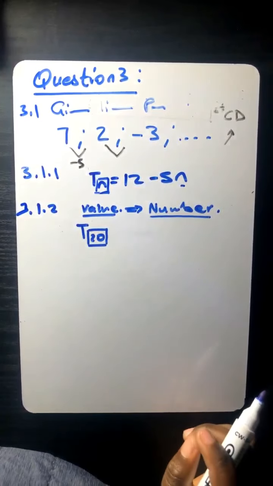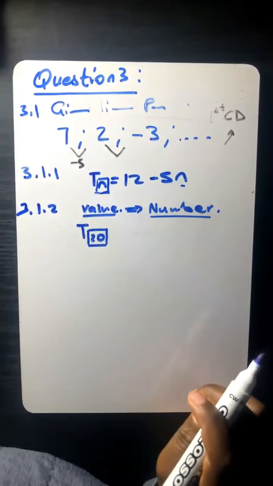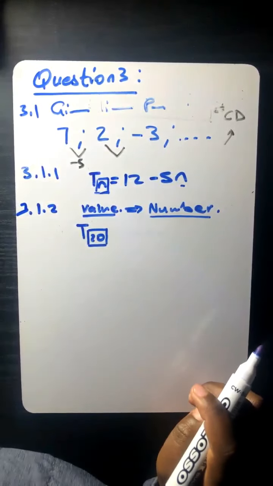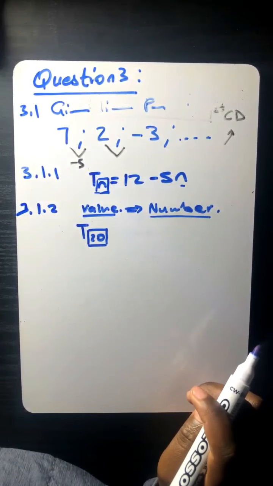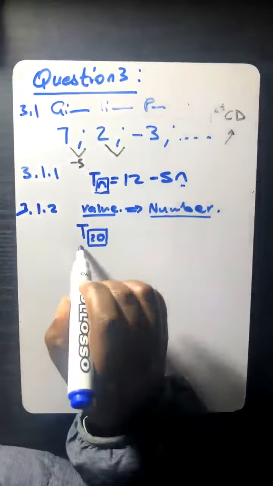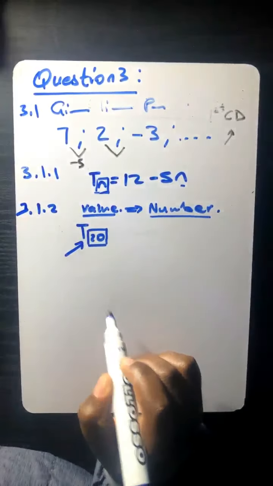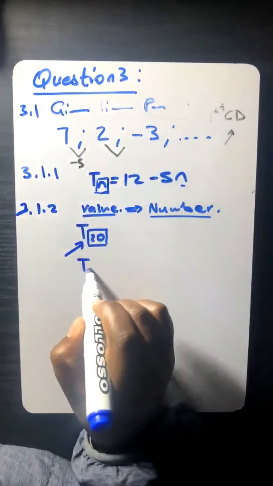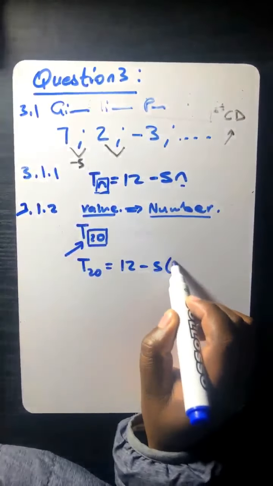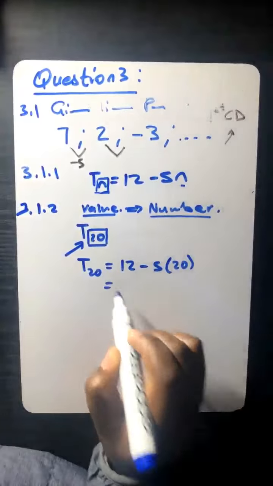It's not only in this chapter where the examiner tries to give you some tips, ladies and gentlemen. It's a signal for you to notice that the examiner is saying wherever I see n, I just put in 20. So that means T20 is going to be 12 minus 5 into 20. What are we getting there?